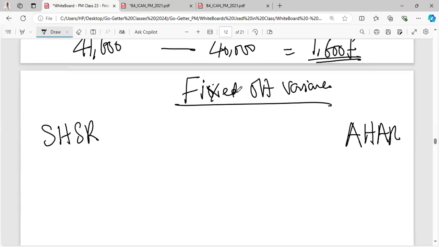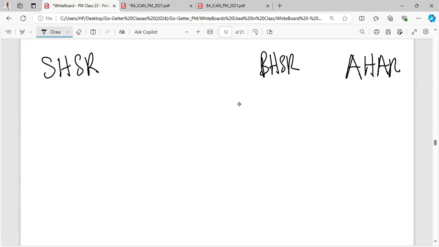So we will have something here, budgeted as standard rate. So we will now have something here, actual hour as standard rate. So the only new thing we have added here is this, and we have added it between actual and actual.